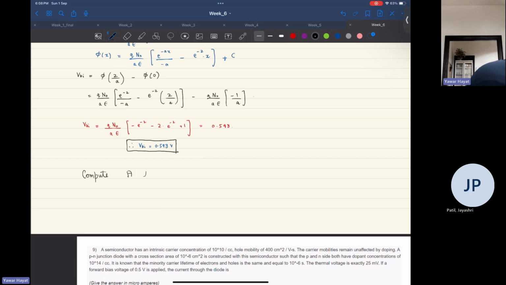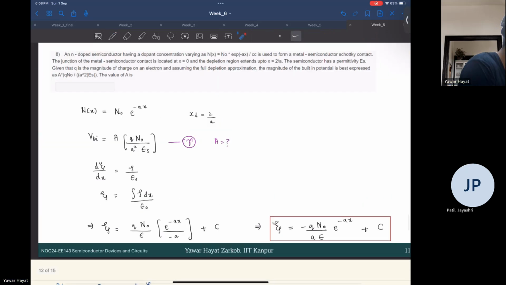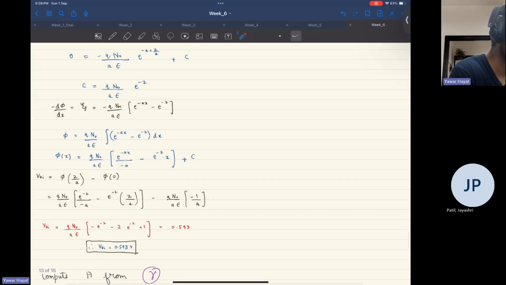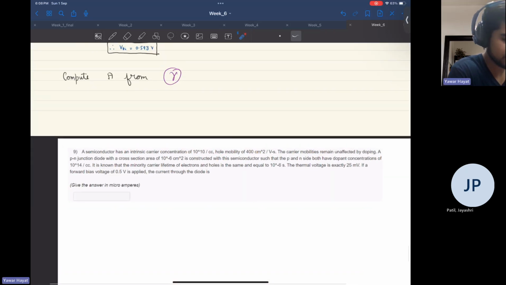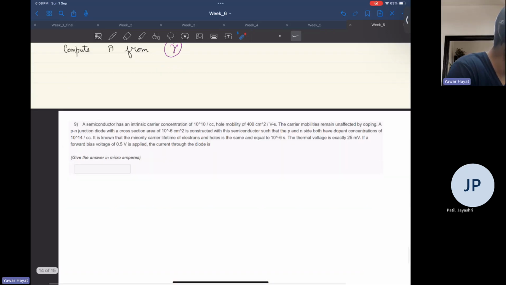Compute A from your gamma equation. Gamma is this, right? You know these quantities. The only unknown left is A. You can compute that, right? So you can compute A. I'll leave this as an exercise. Okay, so now question 9.